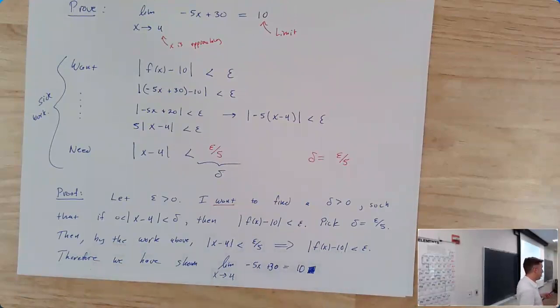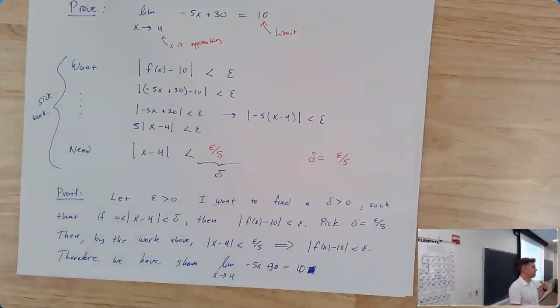And that's the whole idea of the limit, that as X gets closer and closer to 4, my function is getting closer and closer to 10. So hopefully that helps with your question a little bit. Yeah, that does prove the limit equals 10. That definitely proves it. I know it feels kind of like, really? But yeah, because what we've said is the function gets as close to 10 as you want.